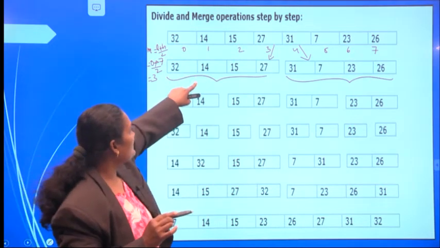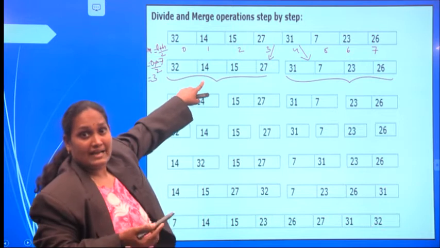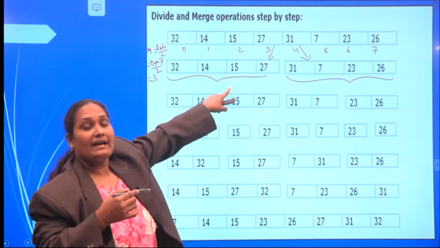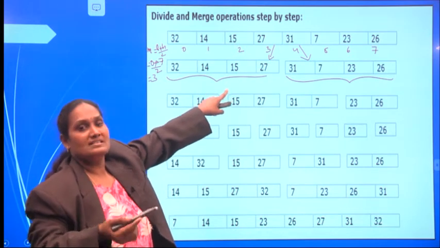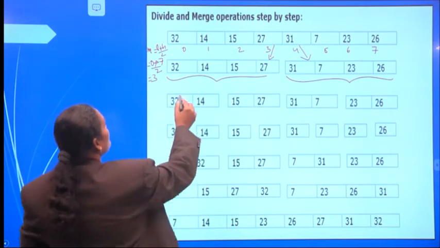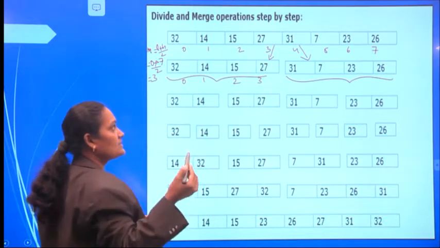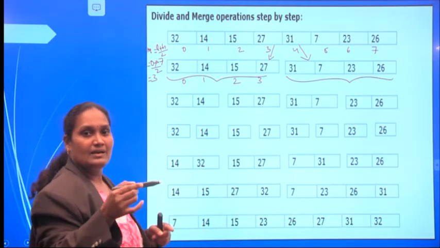Now, for sorting this subarray, it contains 4 elements, so again it should be divided into subarrays. How to divide this one? This also can be divided by finding the mid.